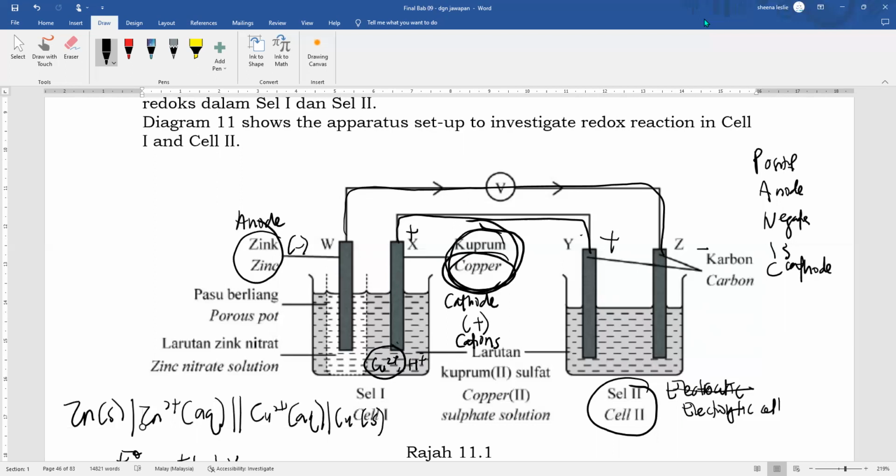Because the E naught value of Cu2 plus is more positive. In a cathode, I'm always looking at the E naught value and it's more positive compared to H plus.